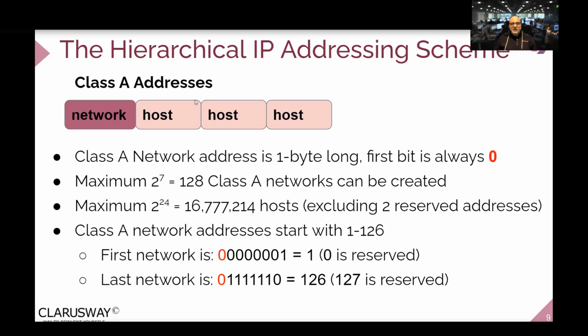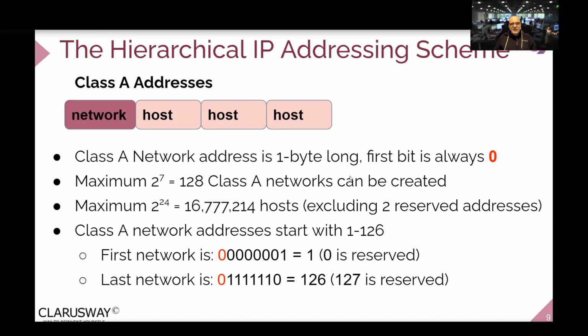The first is for the entire network, and the last is to broadcast. So you always subtract 2. So although it's 16,777,216, it's actually 16,777,214. Remember we talked about a broadcast approach. So that last address is used when I want to broadcast, so no host can take that IP.